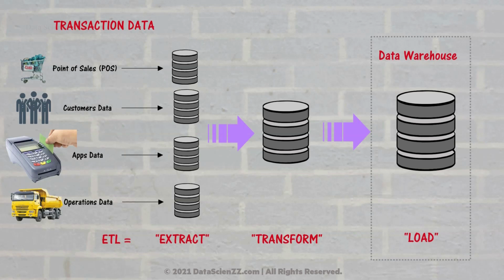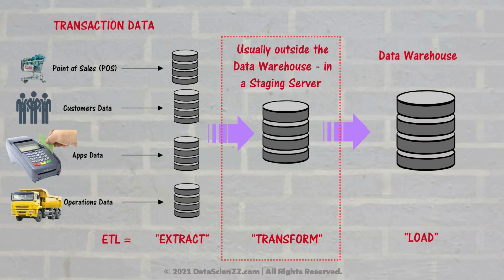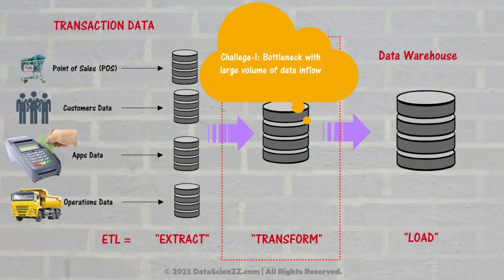ETL requires the raw data to be stored somewhere, where it gets processed, before it is loaded into the data warehouse. This may be a process bottleneck if the data volume becomes very high. Moreover, if a different transformation logic is required to apply on the data at a later stage, it becomes a challenge, as the raw data is not residing in the warehouse.